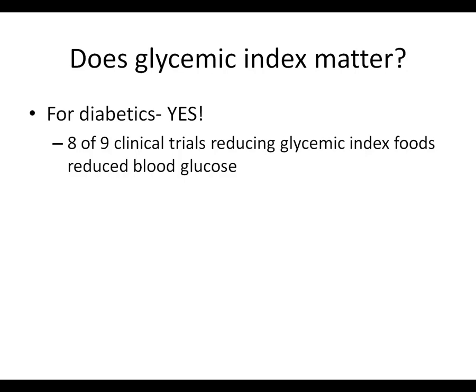In 8 out of 9 of the clinical trials, they did see a significant reduction in blood glucose by focusing on glycemic index. So to extrapolate, if your patient is a diabetic, then talking about the glycemic index can be a help to them, because it perhaps helps them better control their blood glucose.